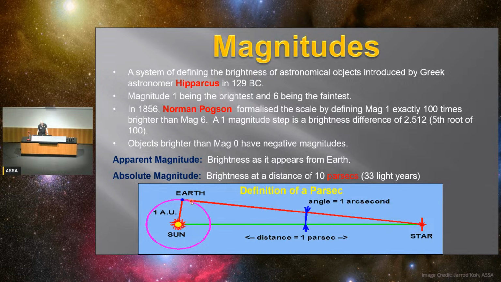So we have a right angle there, and then that angle there would be 1 arcsecond. That's the definition of a parsec: the distance at which this creates an angle of 1 arcsecond. There is the distance of 1 parsec.